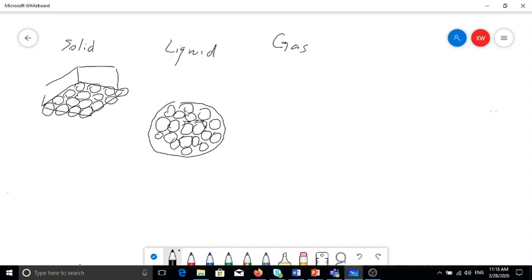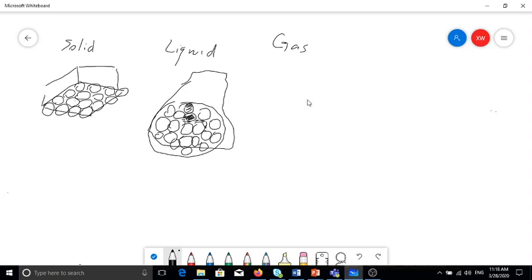Which gives the liquid a characteristic that it does occupy volume, but it hardly has any shape. The shape mainly depends on the container. But still the volume is determined only by the number of molecules and the individual size of the molecule. The distance between the molecules is completely negligible.